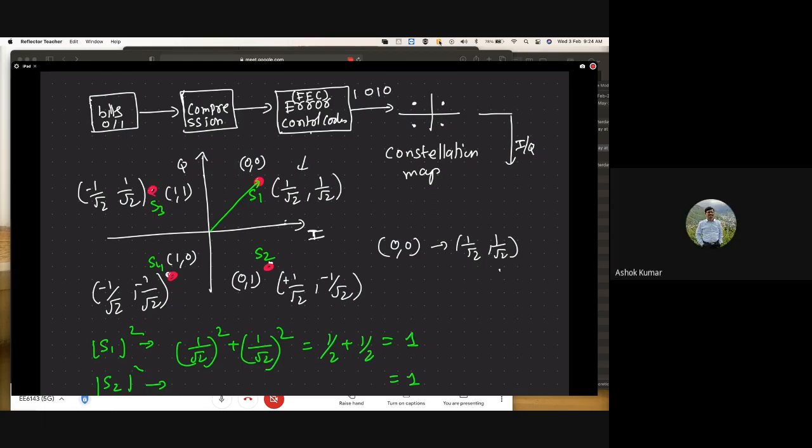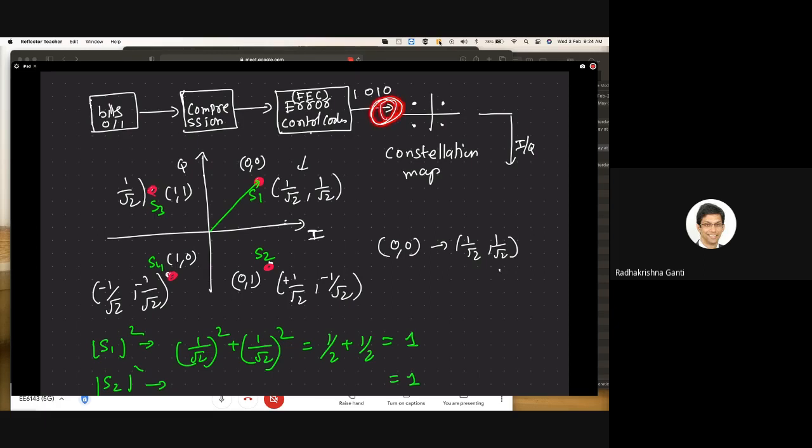So basically, in the physical world you are saying that a particular point, say S1, is nothing but an amplitude and some phase. Is that the case or something else? That's correct. Up to this point, everything is logical.